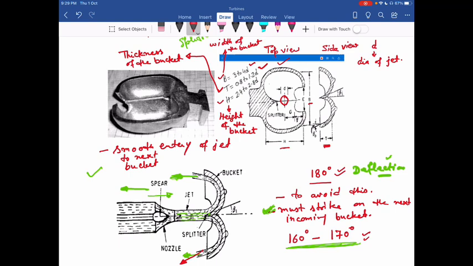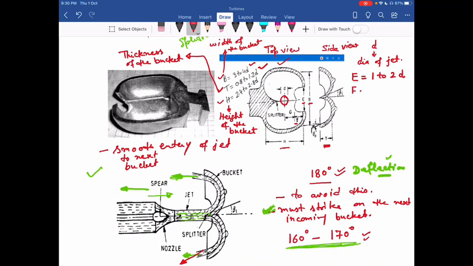Then the other important dimensions for the bucket: one is capital E. So this is capital E, you can see over here. Capital E is 1 to 2 times the diameter of the jet. Then F dimension, that is over here.